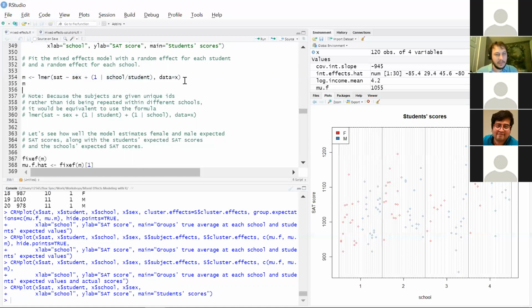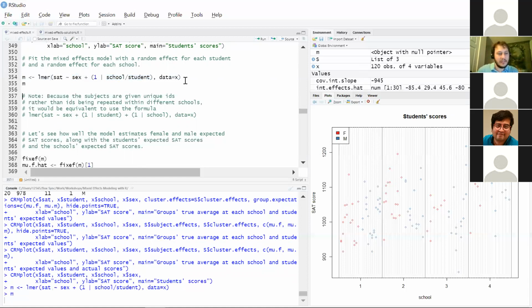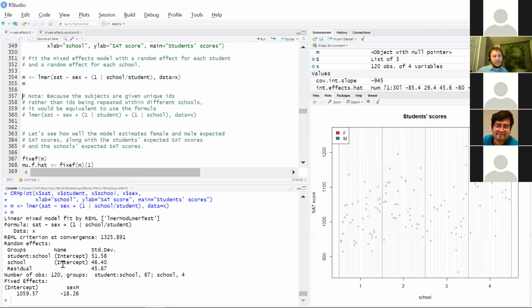All right, so did I run this yet? I didn't run it. All right, well, we'll just look at this output and then we'll call it a day. So here's M. We've got an estimate of the overall female SAT score. We've got an estimate of the difference between the overall male SAT score and the female SAT score.